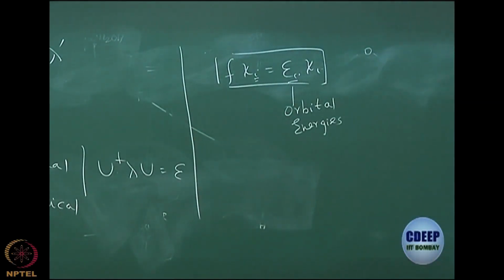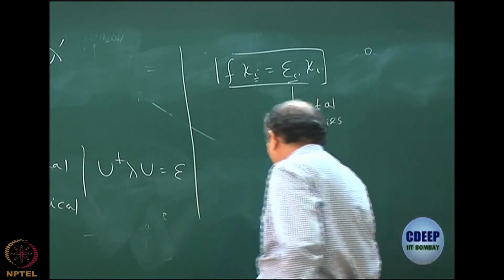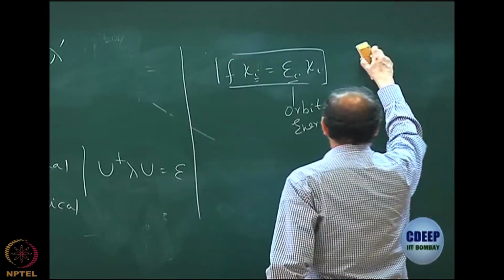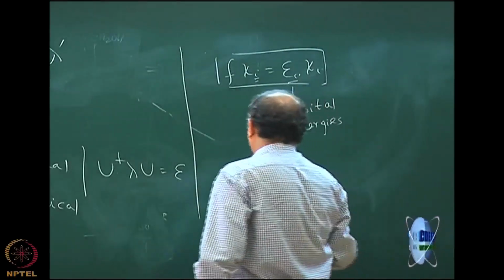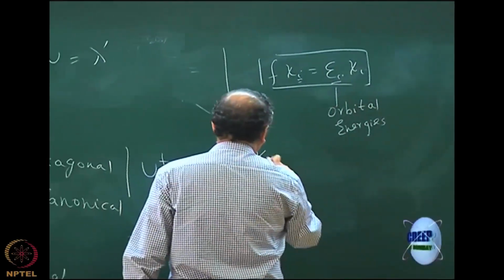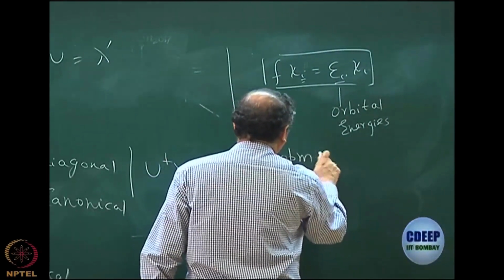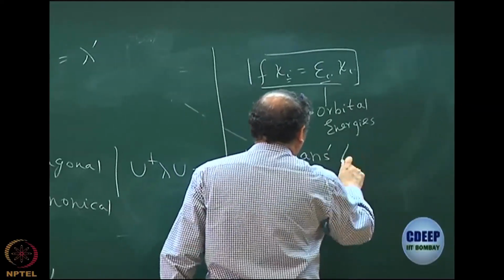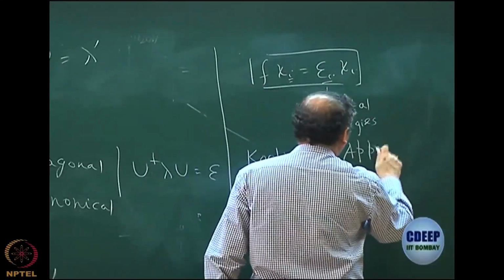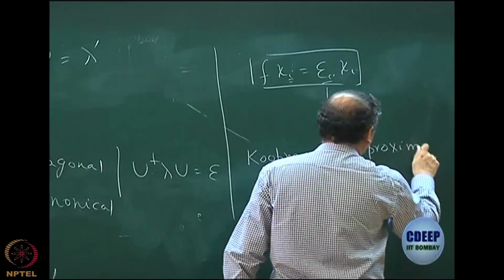Okay. These orbital energies are of interest because of an approximation which was developed by Koopmans. So, I will just state the approximation, and this approximation was given by Koopmans based on again a variation method.